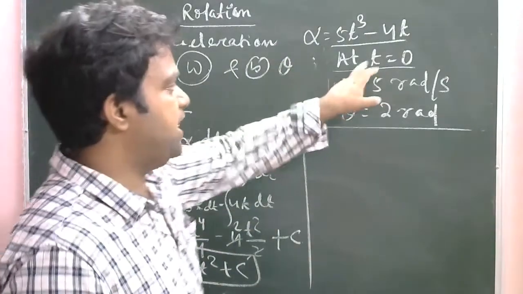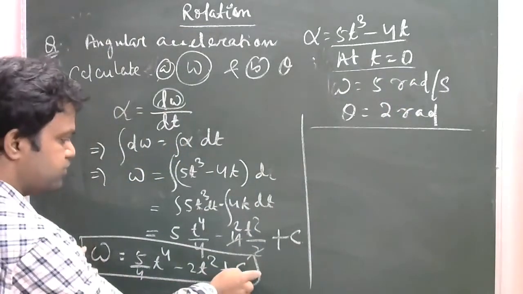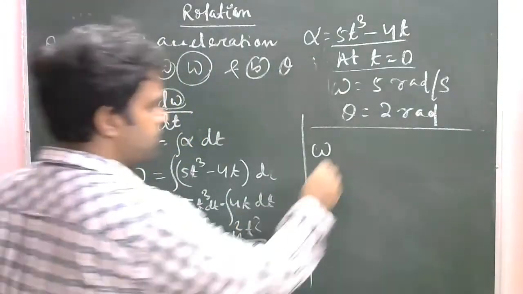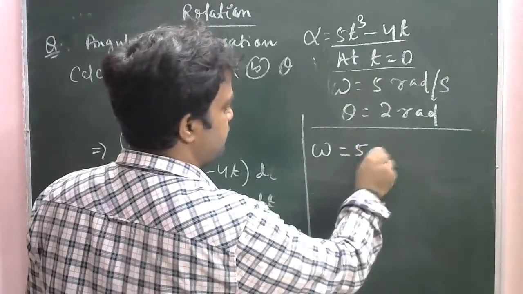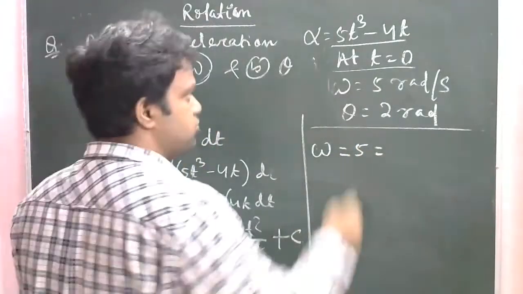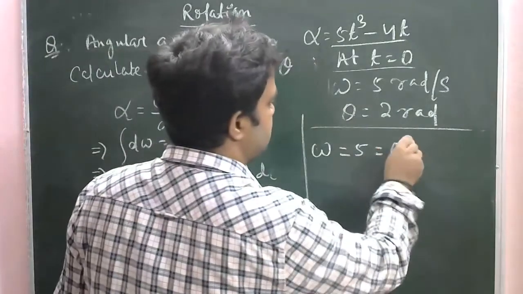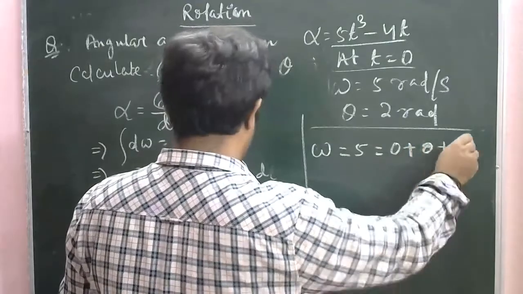The condition is: at time t is equal to 0, omega is 5 radian per second. So I will use this equation. Omega is equal to 5 when t is equal to 0. So I'll just put t equal to 0: 0 minus 0 plus c.